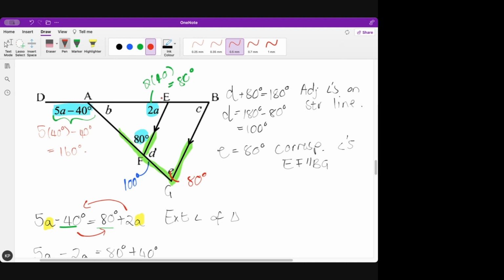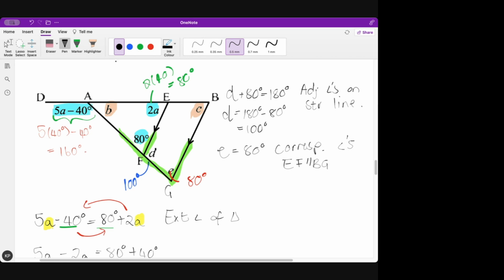Okay, so we have those angles. We are still left with angle B and angle C. So let's hear. Any takers to solve those two? How are we going to find angle B and C?